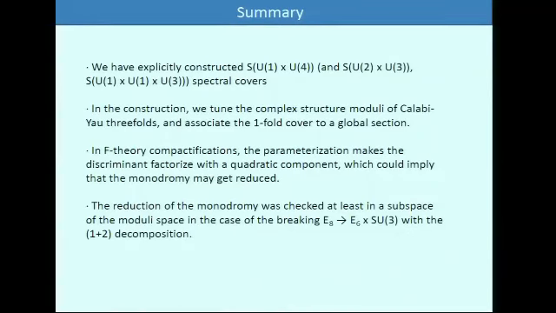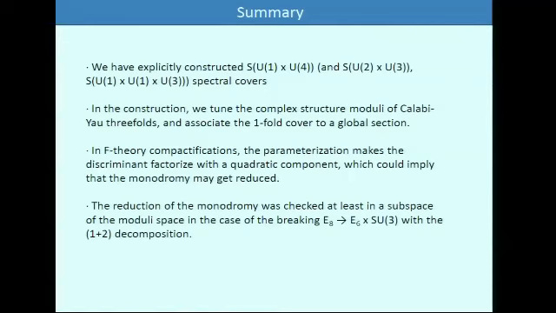In order to construct these spectral covers, it is very important to change the complex structure moduli of Calabi-Yau to another section, because we associate one fold cover to the other section. And in the F-theory computation, if we use this parameterization, then the discriminant of the defining equation gives a quadratic component, which may indeed imply the reduction of monodromy.